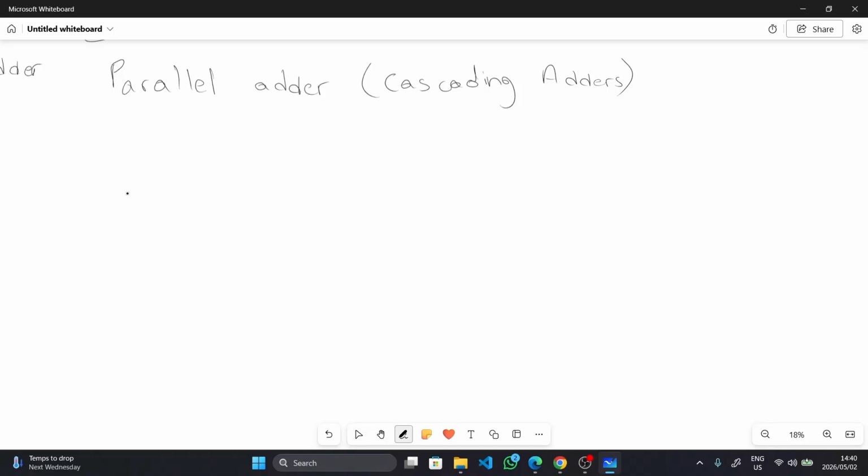Cascading adders means you're adding multiple full adders together. So let's do an example. Let's say, for example, you want to add 101 plus 100, right, using full adders. So how are we going to do it?